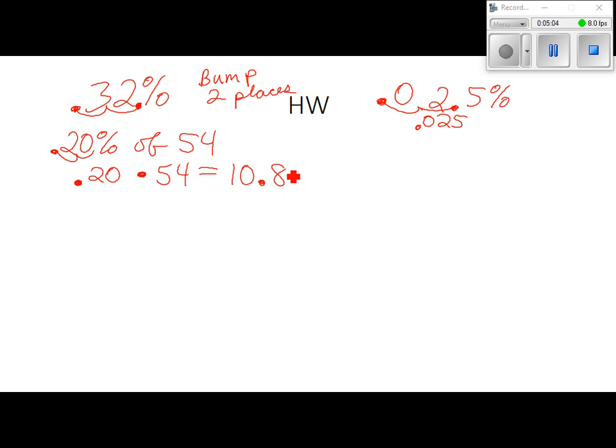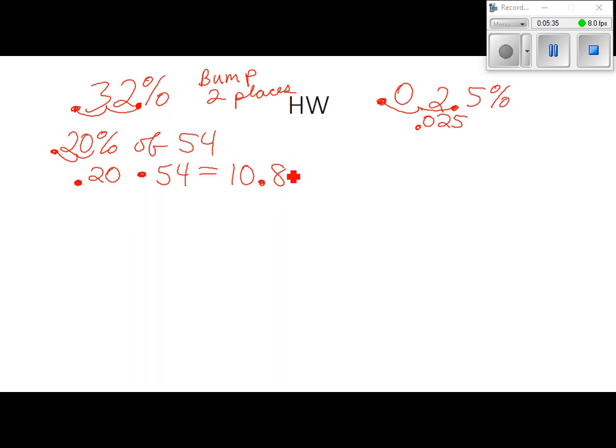When I look at this, and I'm going to teach you little tricks to help you, when my wife asks me how much this is going to cost, I know 20% is double what? 10%. 10% is easy to deal with.